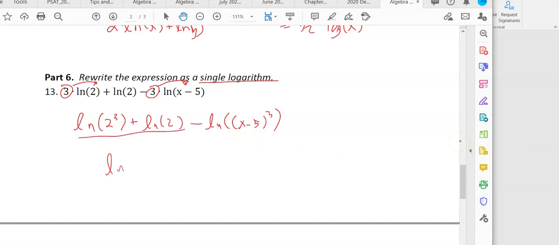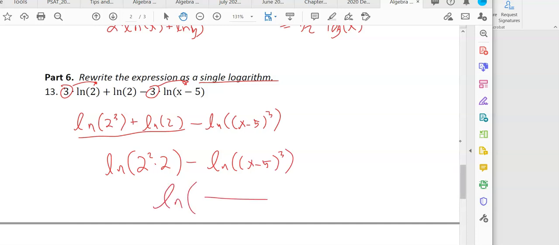So this would be natural log of 2 squared times 2 minus natural log of, again, x minus 5 to the third. So this is pushing it all together. It'd be natural log of one big fraction. So 2 squared times 2 over x minus 5 to the third.